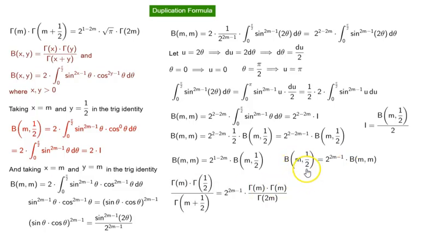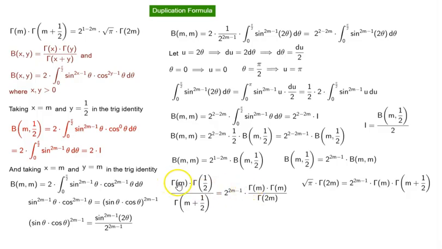So beta of m comma half is equal to gamma of m times gamma of half divided by gamma of m plus half, equal to 2 to the power of 2m minus 1 times gamma of m times gamma of m divided by gamma of 2m. But we know gamma of half is root pi. So root pi. Now gamma of m on this side and gamma of m on this side, we can cancel.